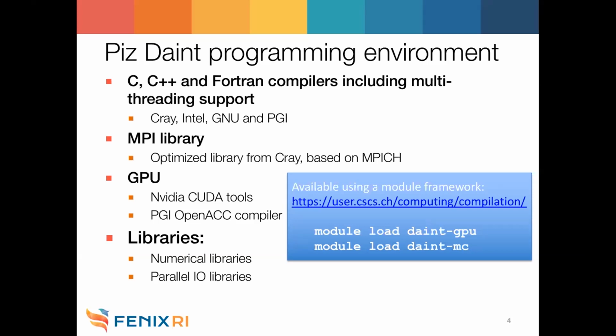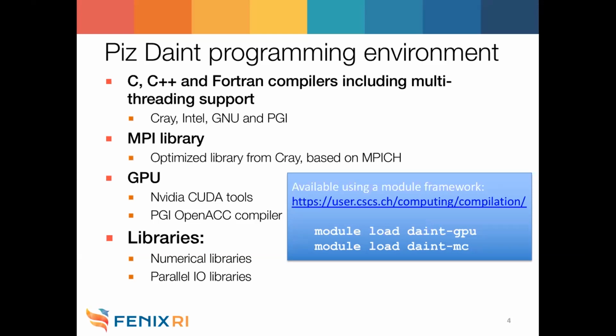Last but not least, there are libraries for supporting scalable applications and workloads. These include numerical libraries, for example for dense matrix operations or PETSc, fast Fourier transform, as well as parallel IO libraries like NetCDF and HDF.